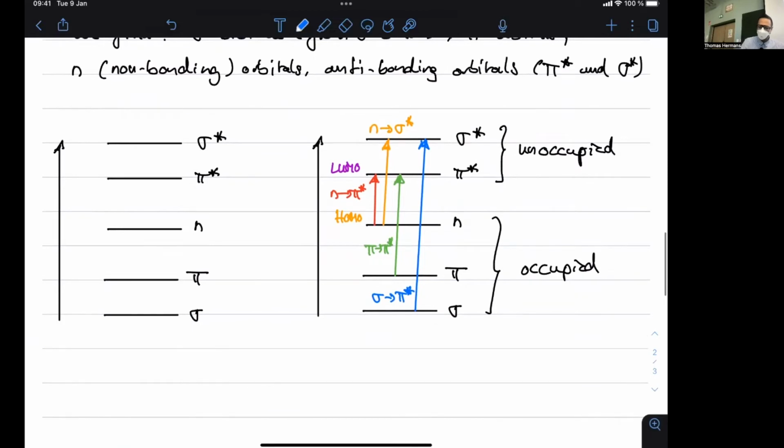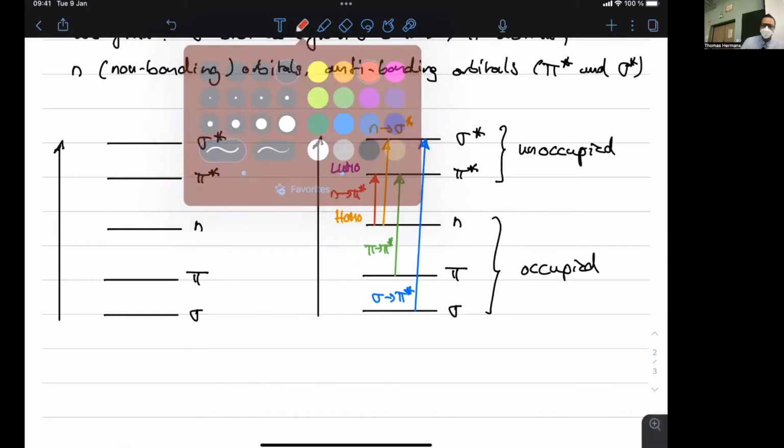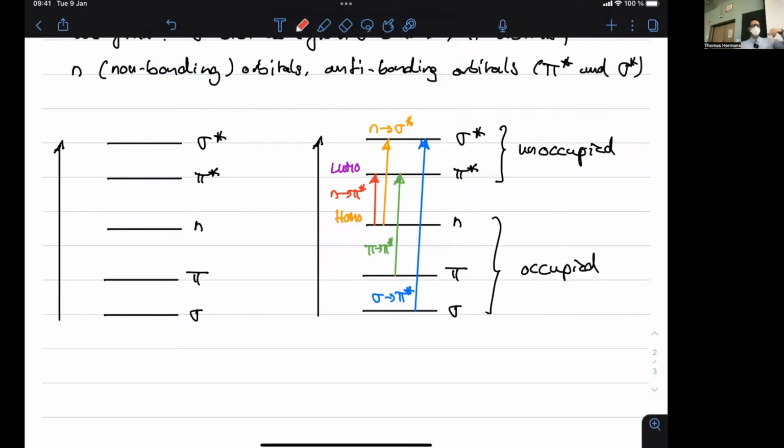So one thing to keep in mind is that we said in the previous class, to get absorption, you need a photon of the right energy. So the photon needs to have the same energy as the transition, and it has to be allowed. So some of the transitions are forbidden. So what is that, right?